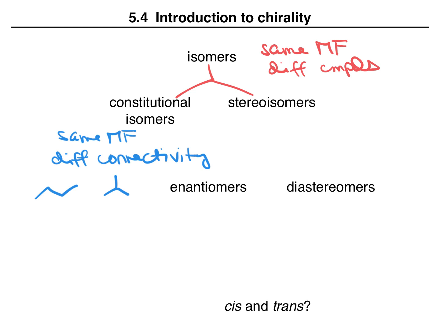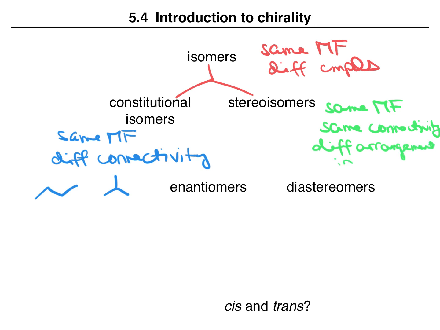Stereoisomers, on the other hand, have the same molecular formula, the same connectivity, but a different arrangement in space. And stereoisomers cannot be interconverted by rotation around single bonds, right? So we have to keep in mind the difference between stereoisomers and different conformations that we talked about in previous chapters.